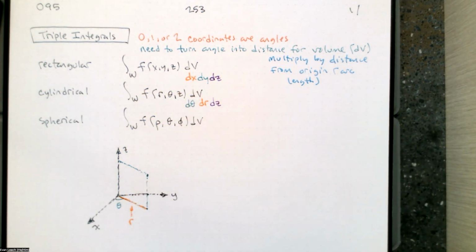So if we just multiply d theta times dr times dz, we don't get a volume. We just have square meters or square feet if we want to be old school. But if we look at where we are in the solid W, we can turn d theta into a length by multiplying by that distance.